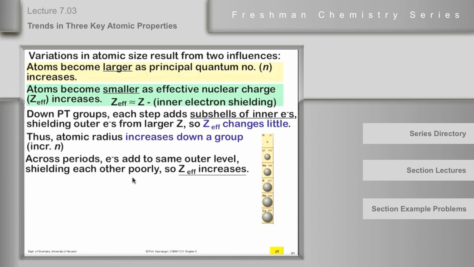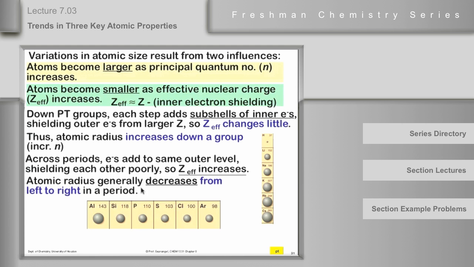So as you add a positive charge, you're adding an electron, the electron doesn't shield very well, so the effective nuclear charge goes up. And if the effective nuclear charge goes up, that squeezes the radius down. The higher it is, the smaller the radius is going to be.